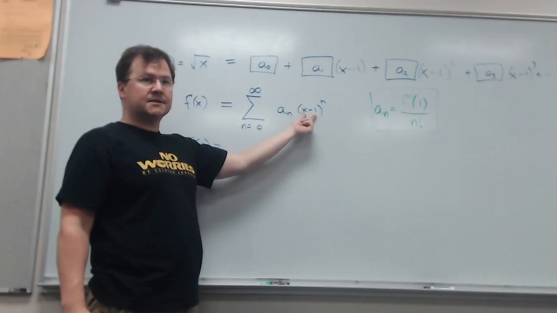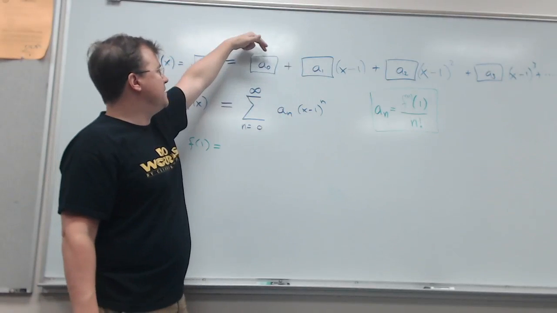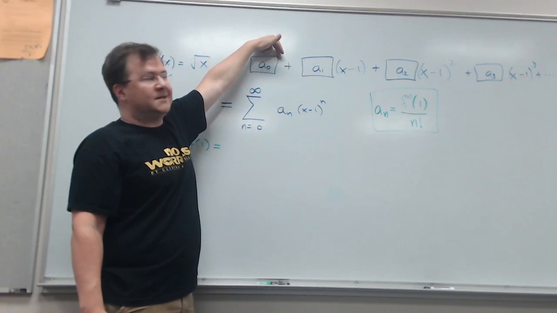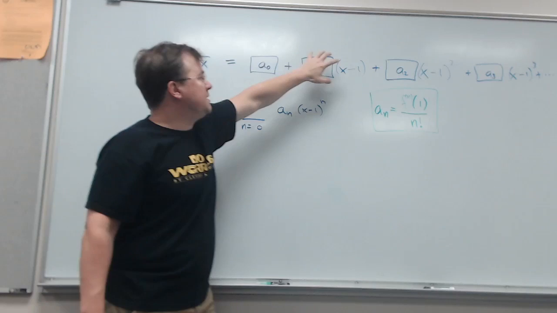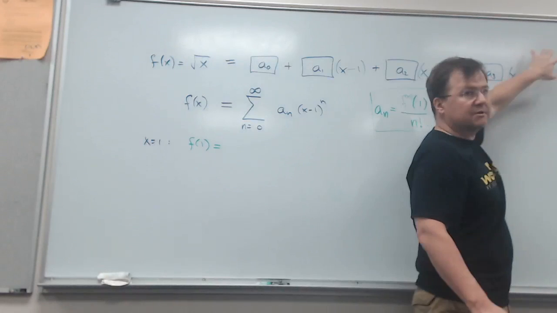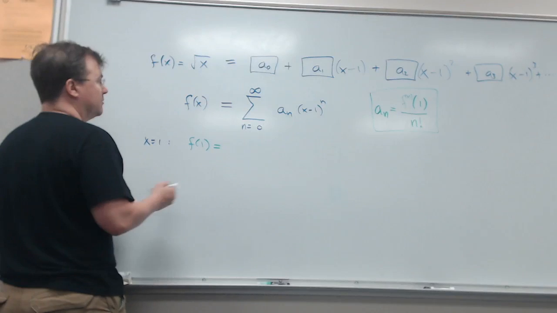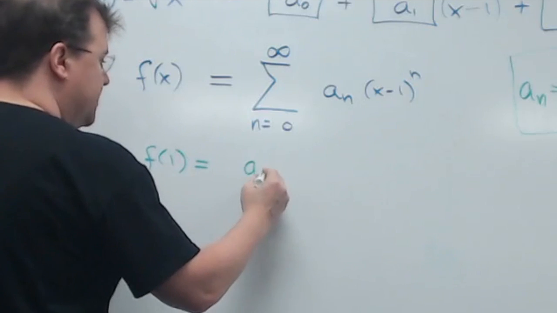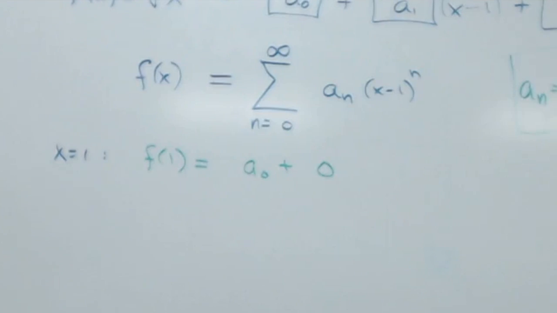If I plug in 1 for x, it looks like all these terms are going to become 0, but when you bear in mind that one of these terms is x minus 1 to the 0 power, that one's not going to disappear, but all these are going to become 0, 0, 0, and on down the line. So it's literally going to become a0 plus a bunch of zeros.